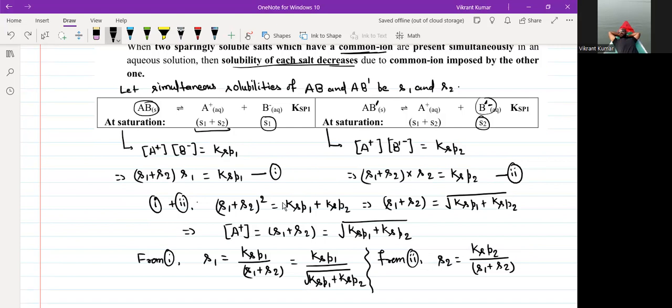So S2 is becoming KSP2 upon under root KSP1 plus KSP2.